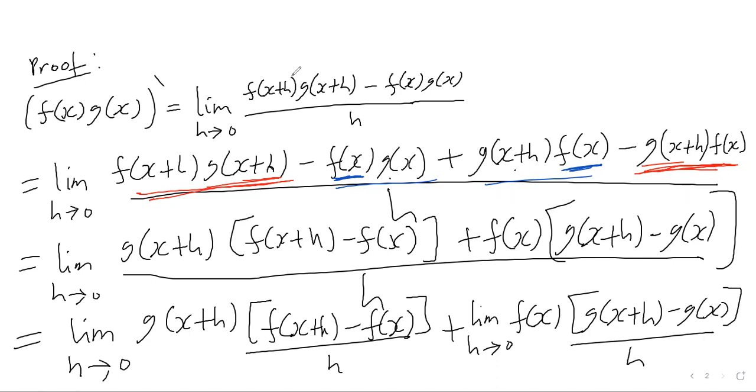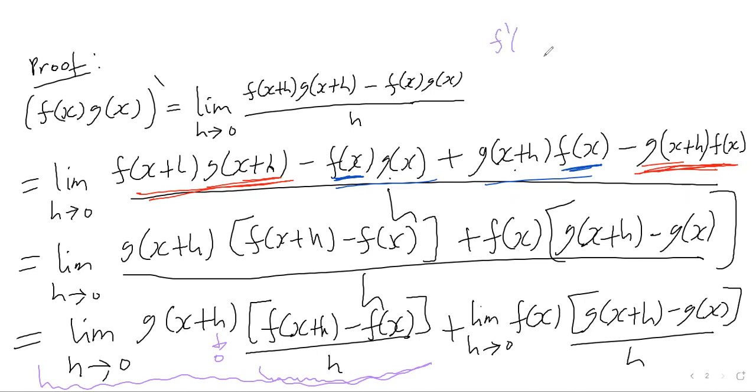So if we just look at this first limit on the left side there. As h goes to 0, this h inside the g function is just going to go to 0, and then we're going to get a g of x for this bit there. And if you notice, if we take a limit of this fraction over here, that's literally the definition of the derivative of f of x.